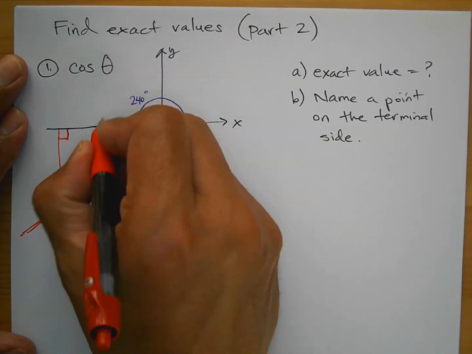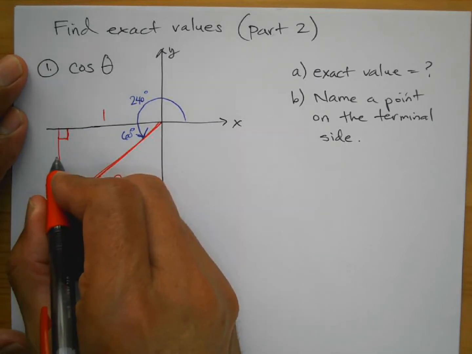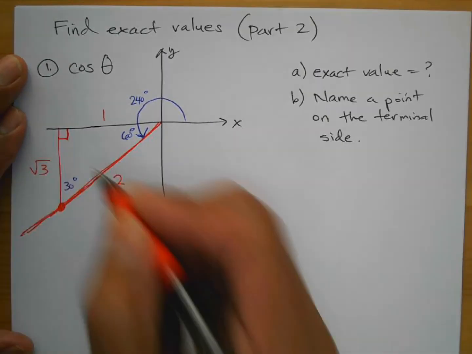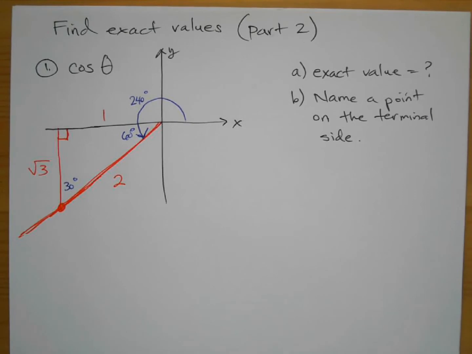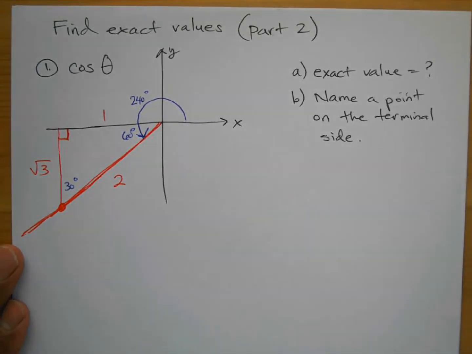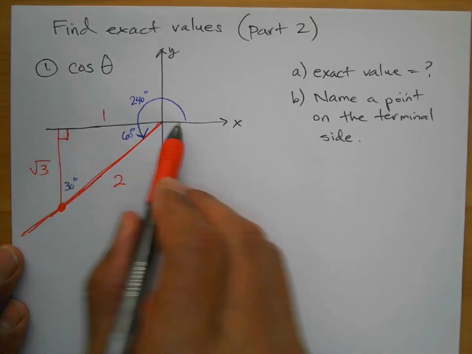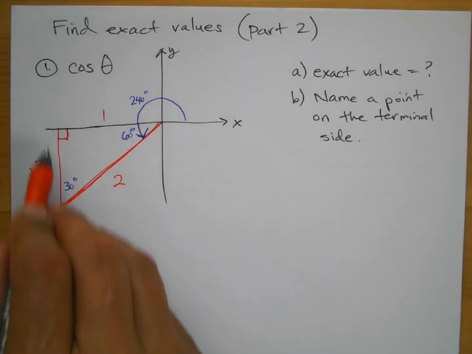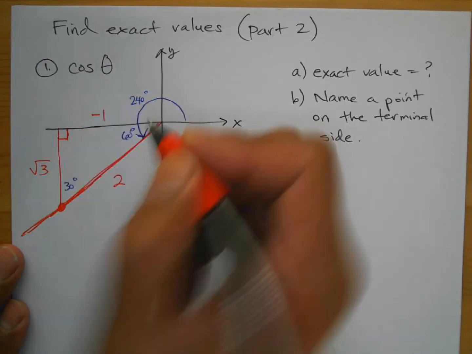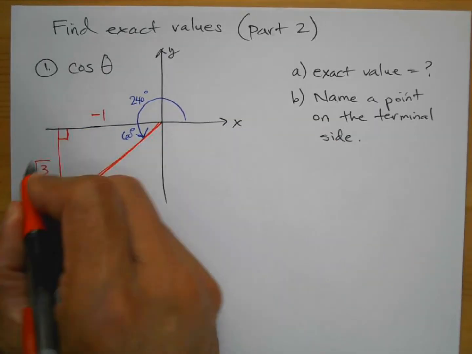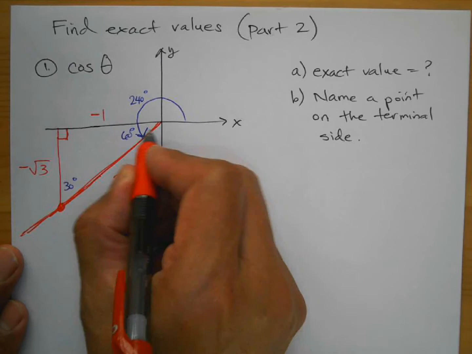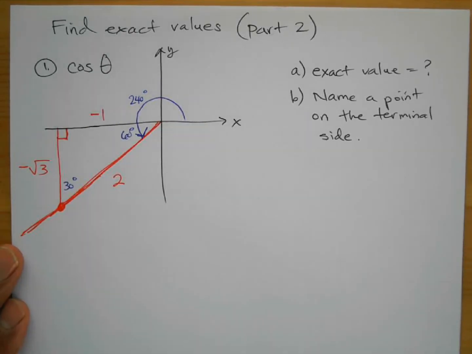The opposite of 30 is 1, and this one is the square root of 3. Next, do the x or the y need a negative? Yes, this has a negative, and also a negative on this one. This is in the negative part of the x, and this is in the negative part of the y.